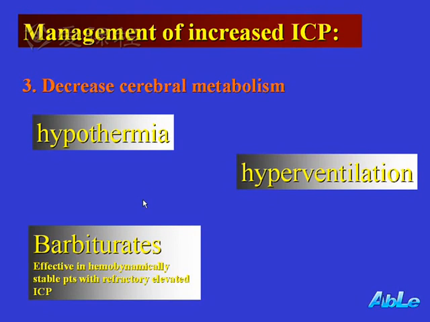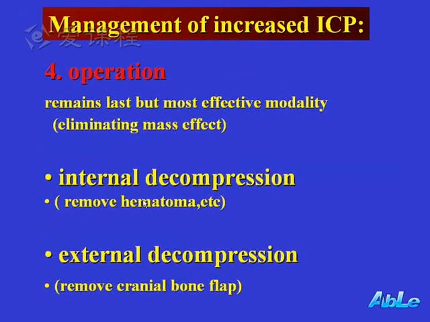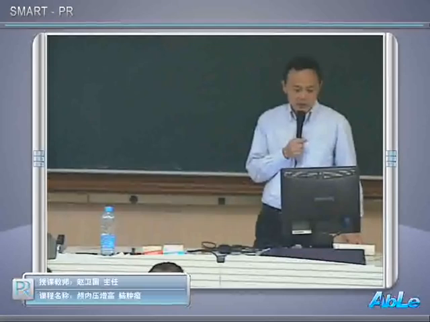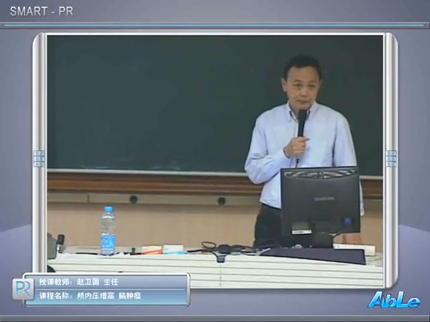Another measure for increased ICP is decreasing cerebral metabolism. Use certain drugs, hypothermia, hyperventilation, and barbiturates. And operation. Okay, operation remains the last but most effective modality. It's the last resort for the patient, eliminating the mass effect.